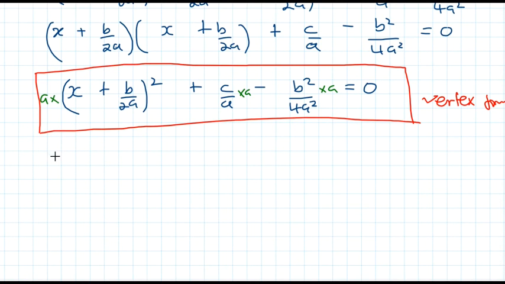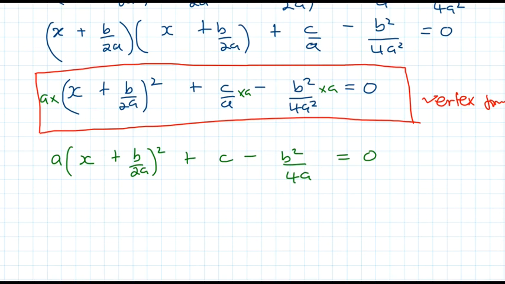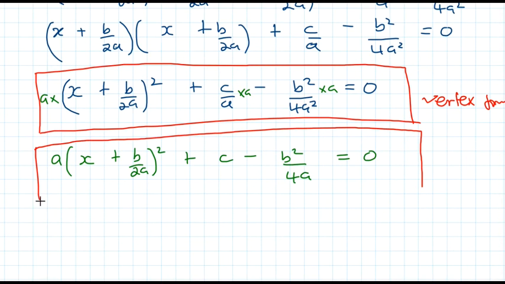Now we have a in brackets x plus b over 2a squared plus c minus b squared over 4a is equal to 0. Let me also enclose this one in red as well. Okay, this is in vertex form.